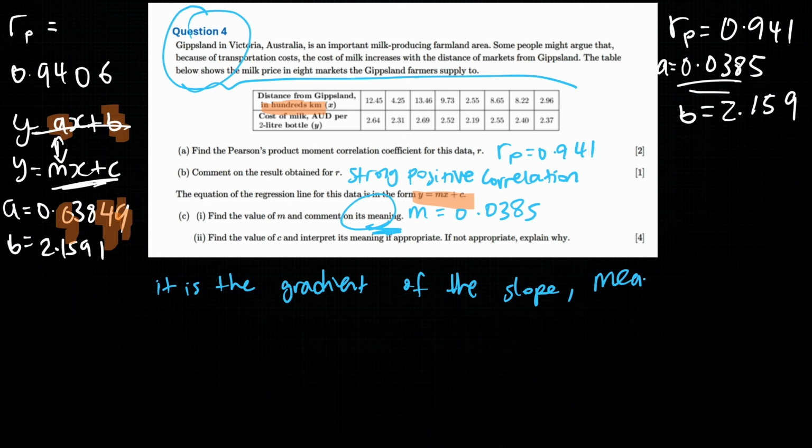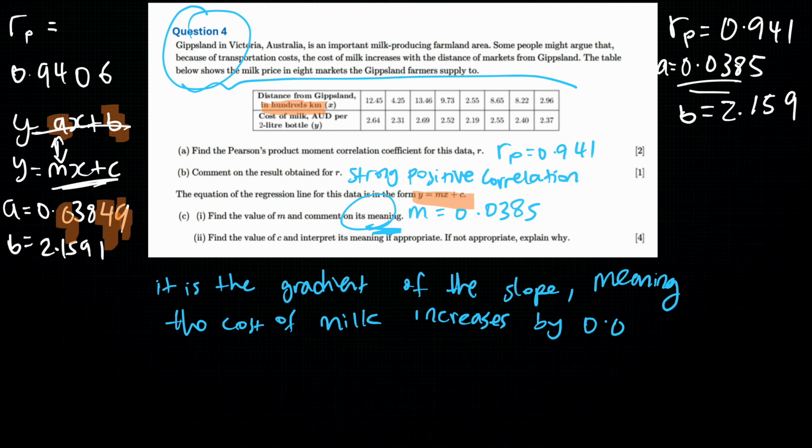Meaning, now we're going to relate the cost of milk increases by 0.04. We're going to round it to the closest unit of currency, 0.04 cents.